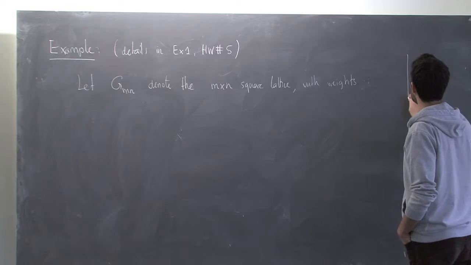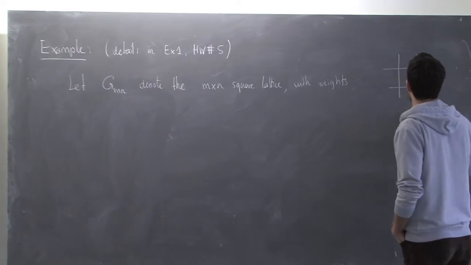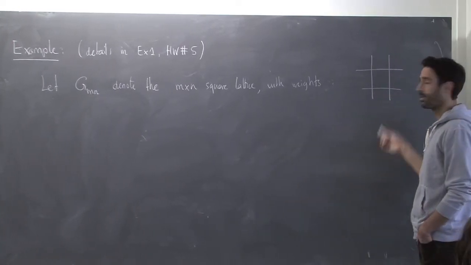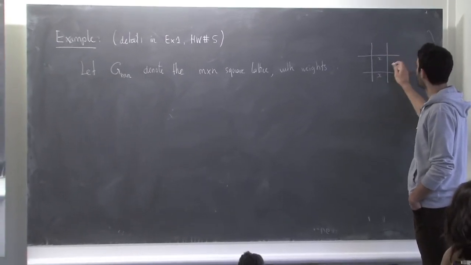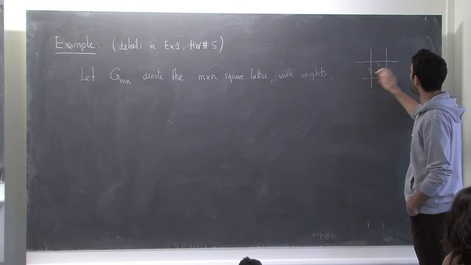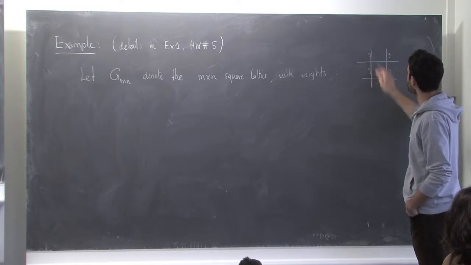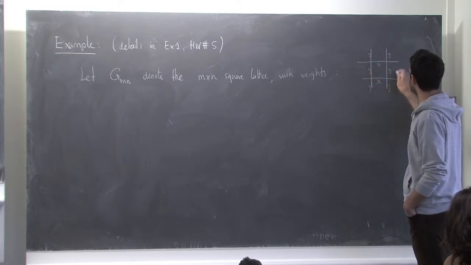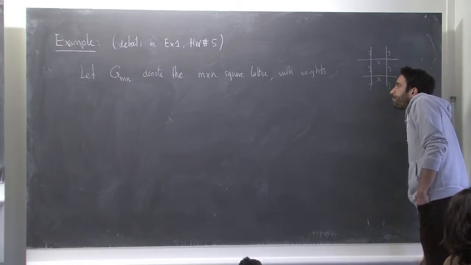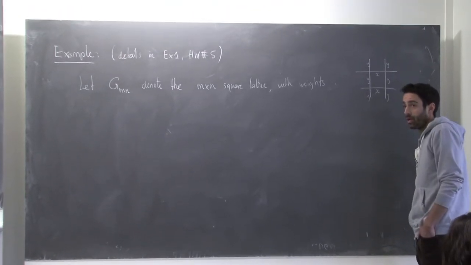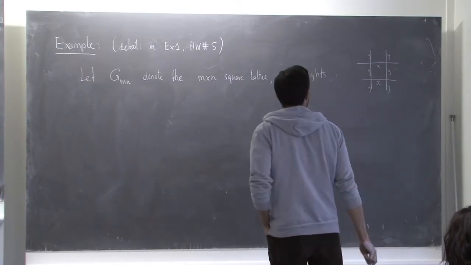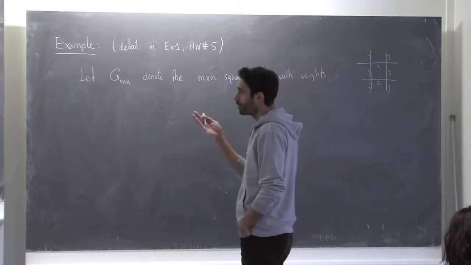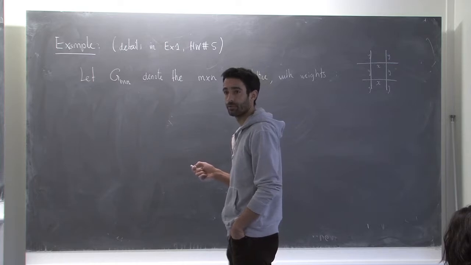So we're simply going to set some weight, let's say x, on the horizontal edges and some weight y on the vertical edges. So it depends on two variables. And we want to compute the dimer partition function.